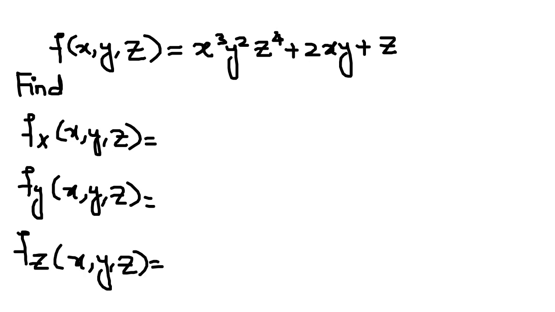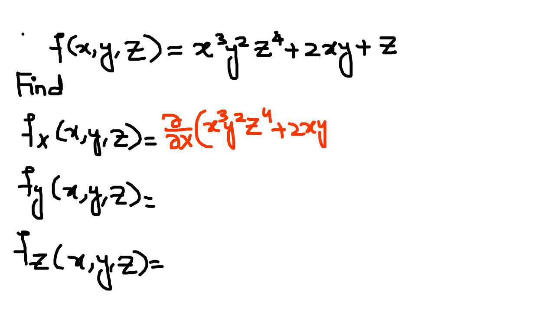Okay, now f of x means the partial derivative of the function in terms of x, that is x power 3 y square z power 4 plus 2xy plus z. So what is the partial derivative of this one with respect to x? Anybody can tell me?